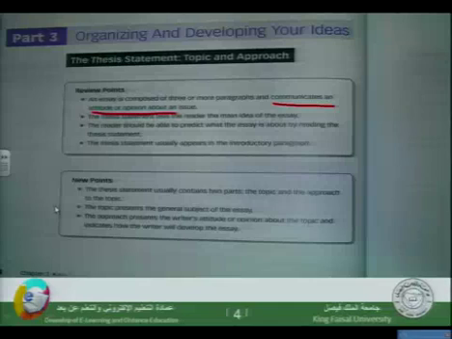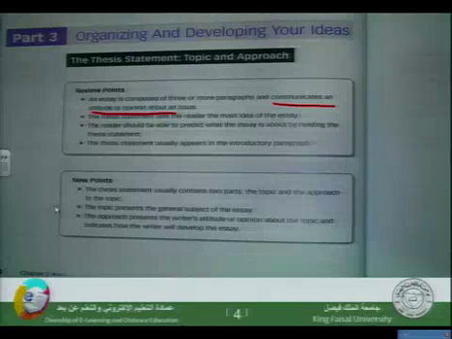Last point here is that the thesis statement usually appears in the introductory paragraph. Now, we've said this probably before, that the thesis statement or topic sentence does not necessarily have to be the first sentence in your first paragraph. That's not necessary, okay? But it should be around the area of the first paragraph, your introductory paragraph.